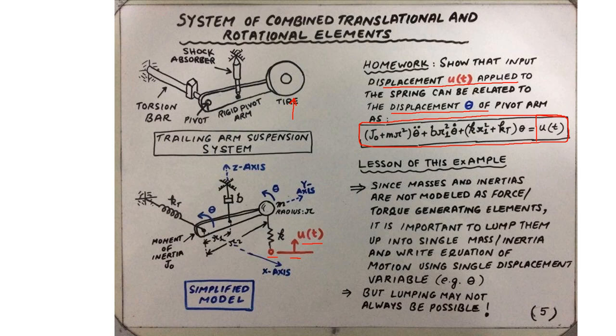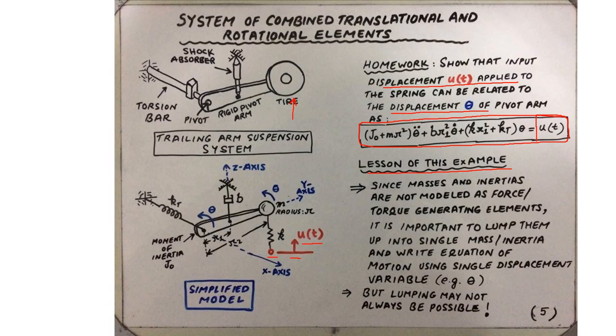So what is the main takeaway of this example? The main lesson learned from this example is that our model of mass or discrete inertia asserts that these elements shall not exert forces.